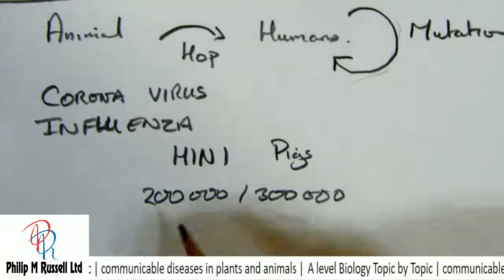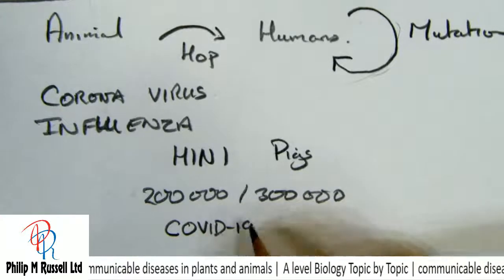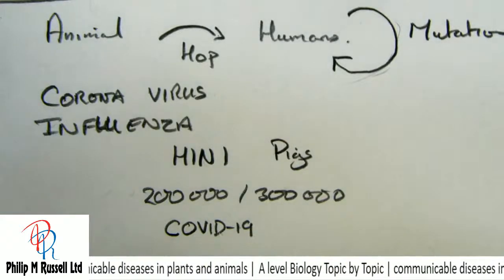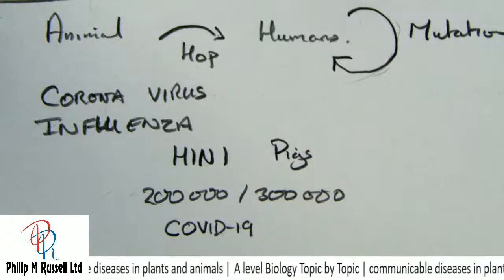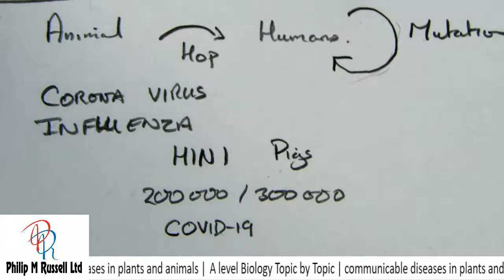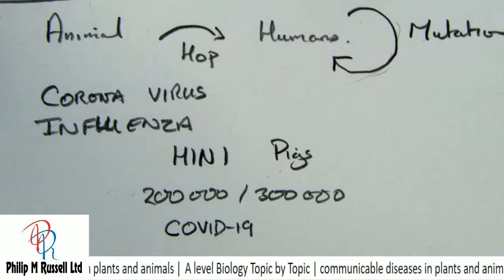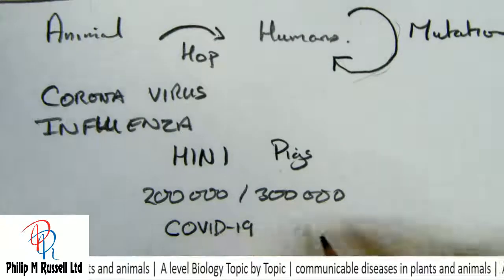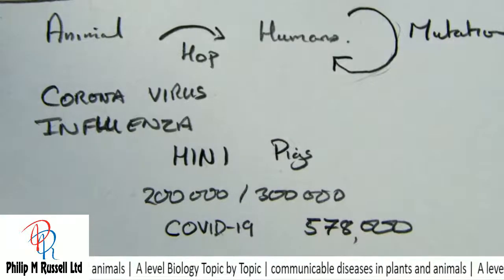And we're seeing now with this COVID-19 that the outbreak is basically just as bad, in fact really worse, because as I gave you the figures today, we're looking at 578,000 deaths from COVID-19 so far.